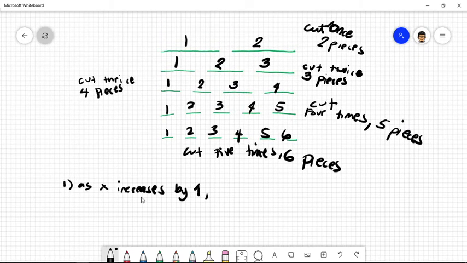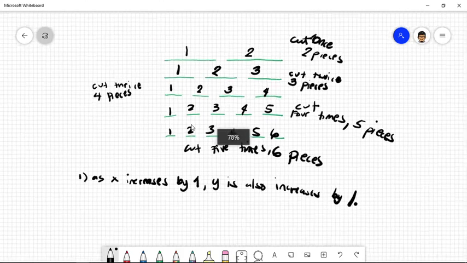As the number of cuts increases by 1, what happened to the number of pieces? Nakat ng isang beses, naging 2. Nakat ng 2 beses, naging 3. Nakat ng 3 beses, naging 4. So, as x increases by 1, what can you say about the number of pieces? Y also increases by 1.